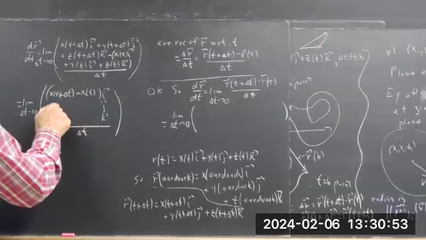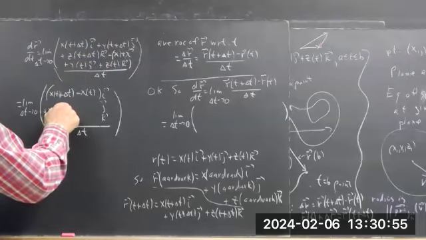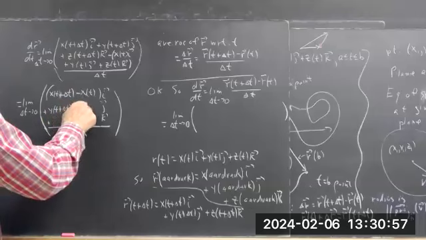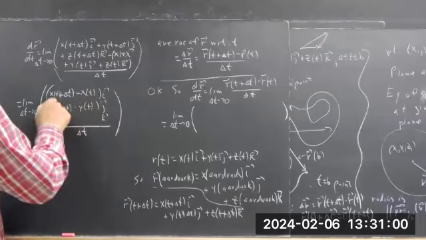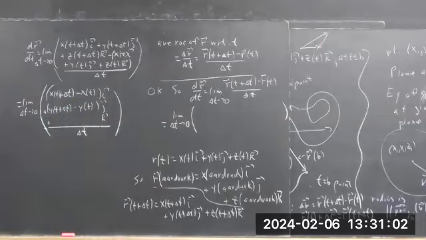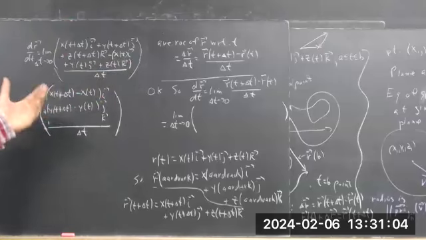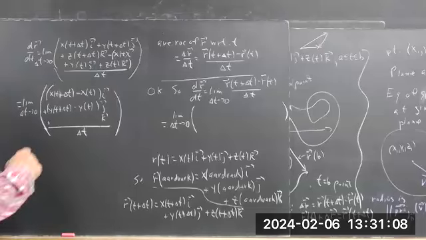This is y of t plus delta t. And they're both multiples of j, so we can factor the j out and bring it down. Okay. And then we have this.